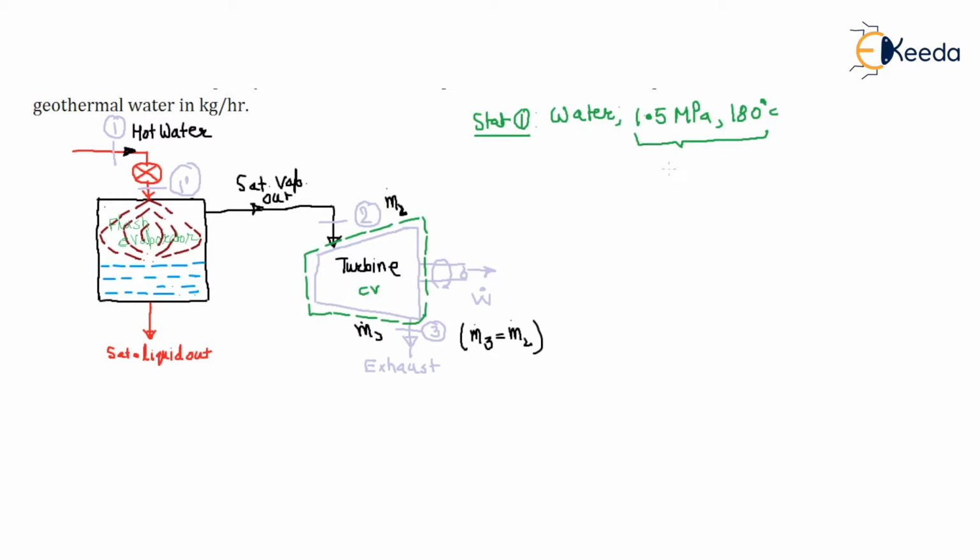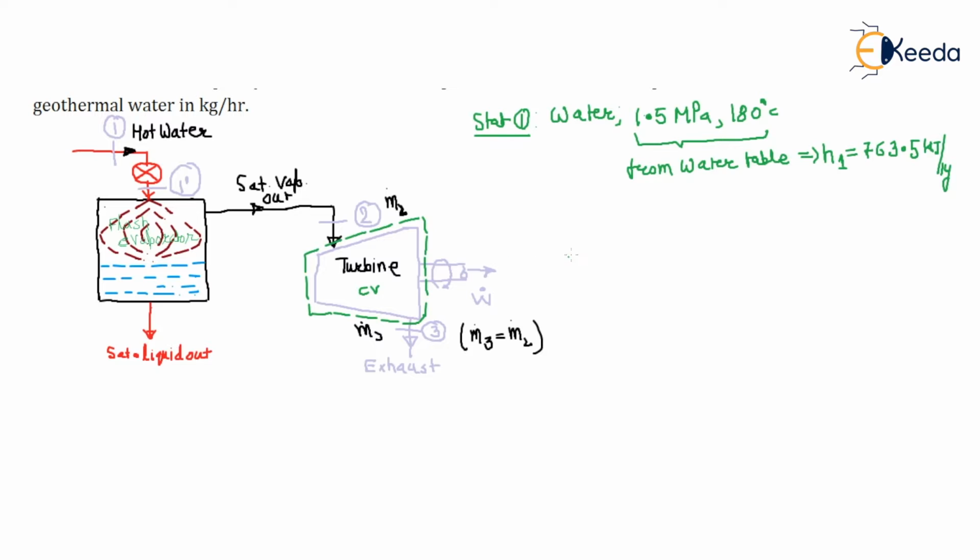From these properties, from the water table, we find h1, and this is 763.5 kilojoule per kg. This is your h1.